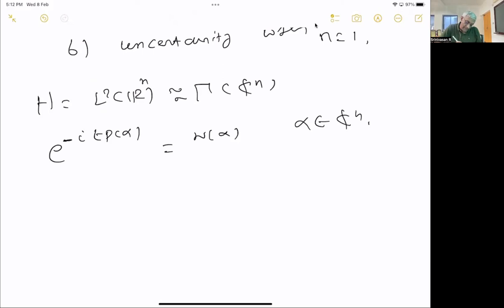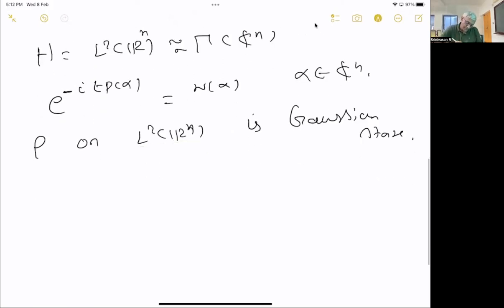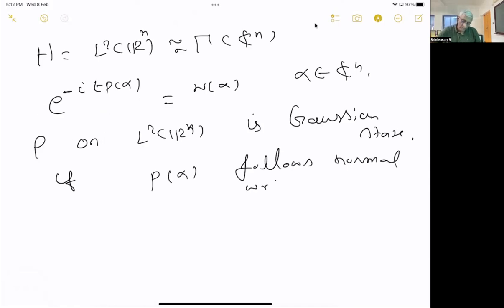The definition: a state rho on L2 of Rn is a Gaussian state if P(alpha) follows a normal distribution with respect to rho.